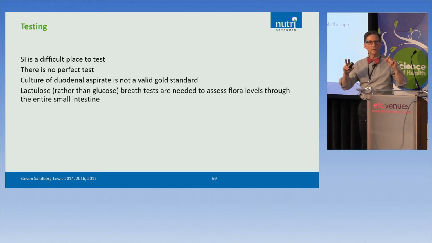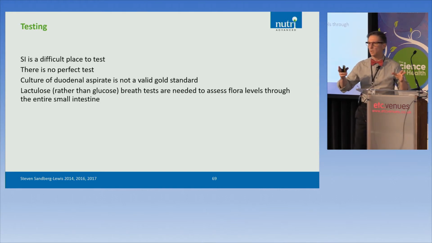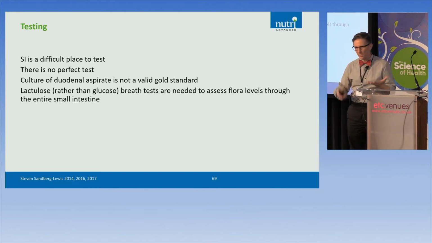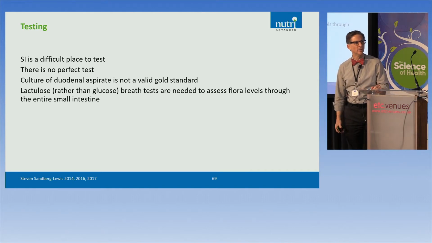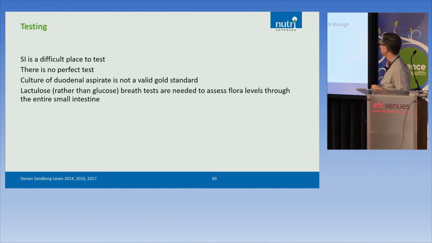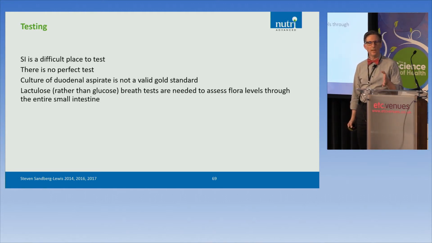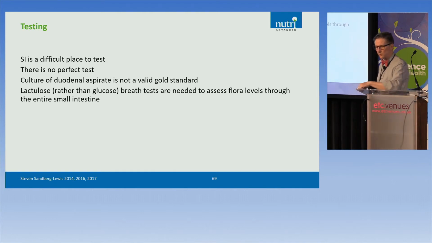It's really only showing proximal SIBO, right up in the upper duodenum. Also, a lot of hospitals don't actually have the right techniques for getting a sterile culture. So you really have to get somebody who knows what they're doing.